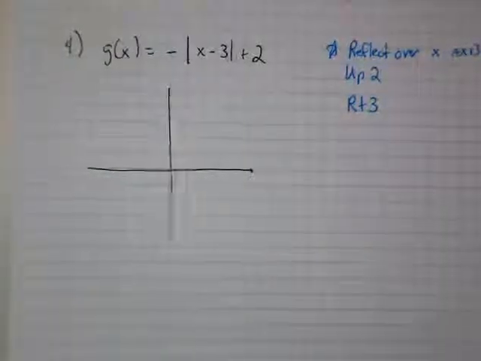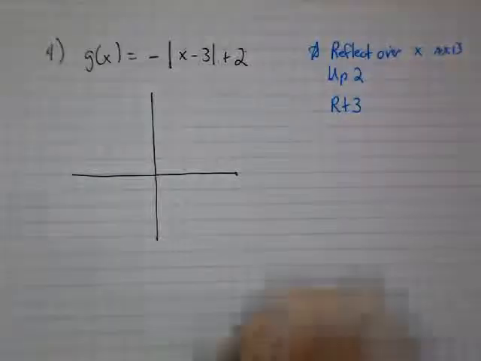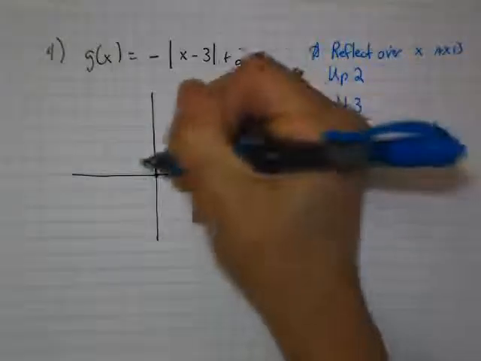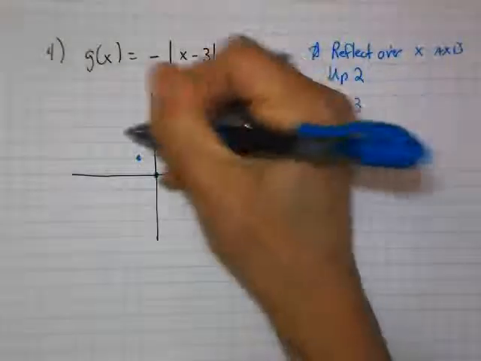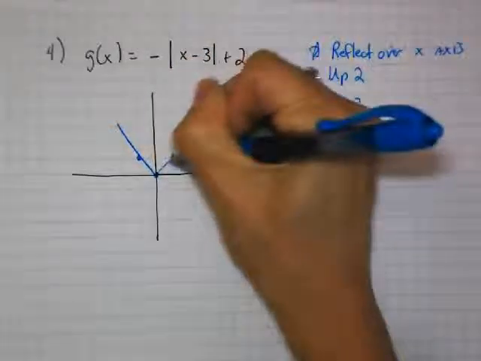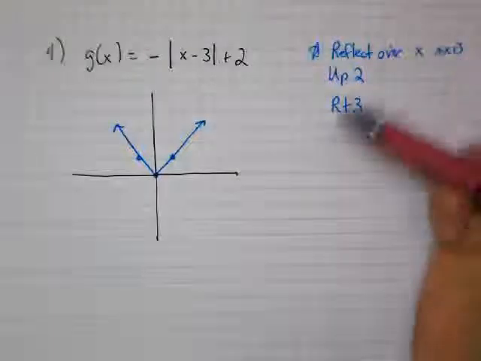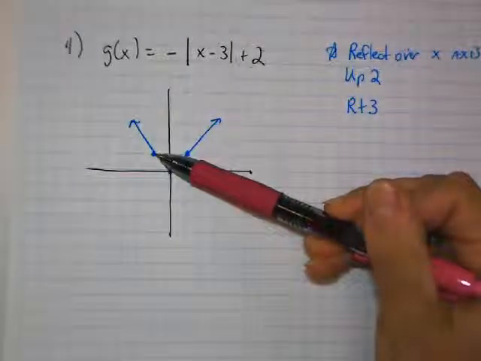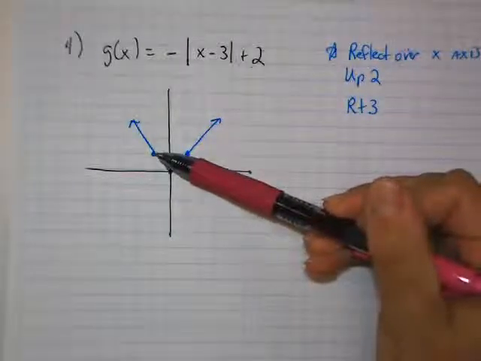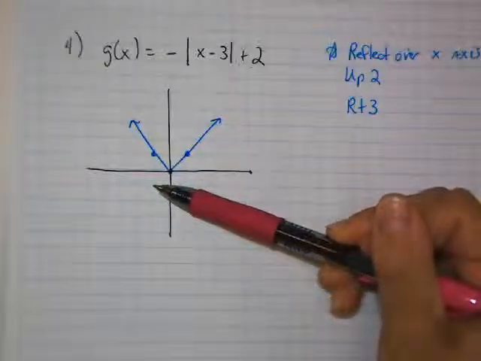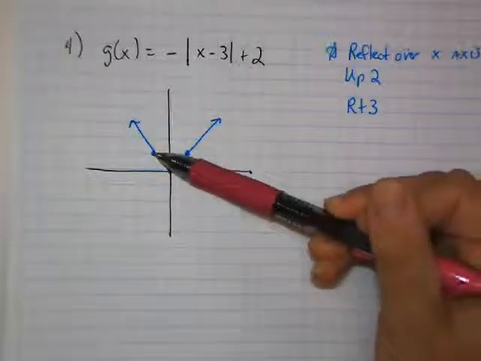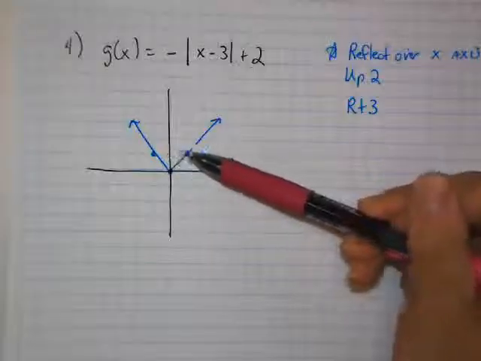Alright, so let me do my parent. So the absolute value is the v. Now, I do my reflections, I just do them without graphing them. So I say this point reflects to here. Now I go up 2, right 3. Okay?